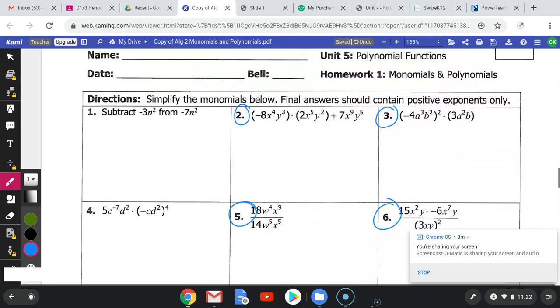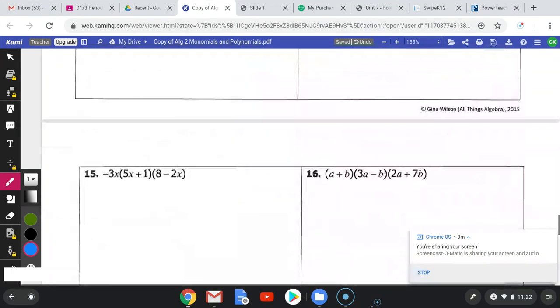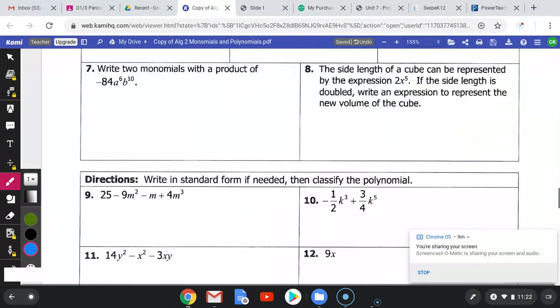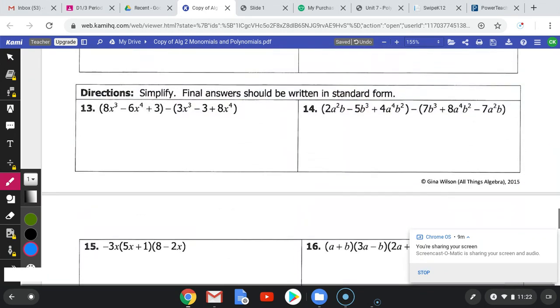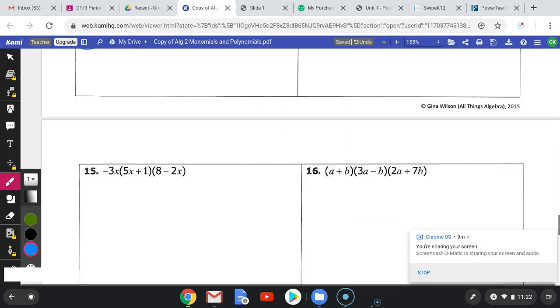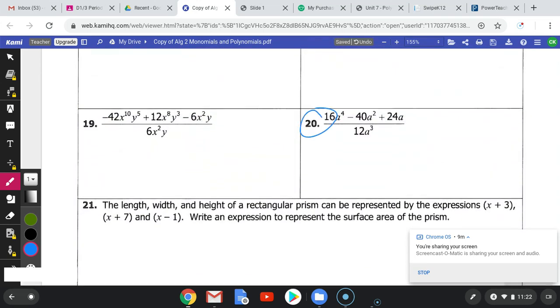Actually, do I even want to do that? No. Actually, skip all that. Don't want you to do any of that on the top here. I want you to do numbers 13 through 20 here instead, right?